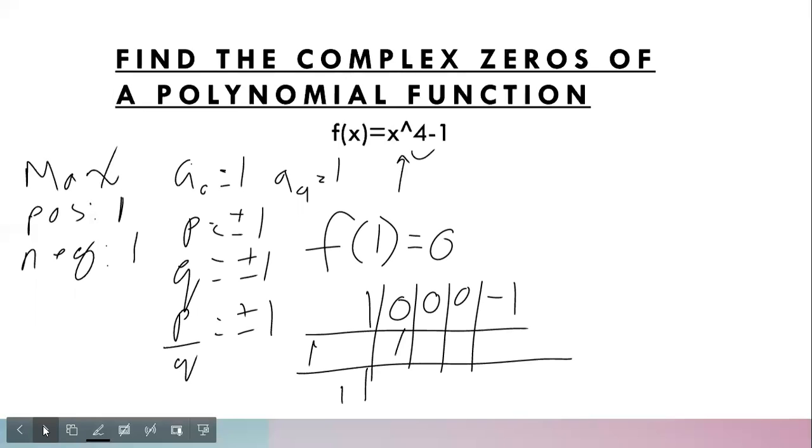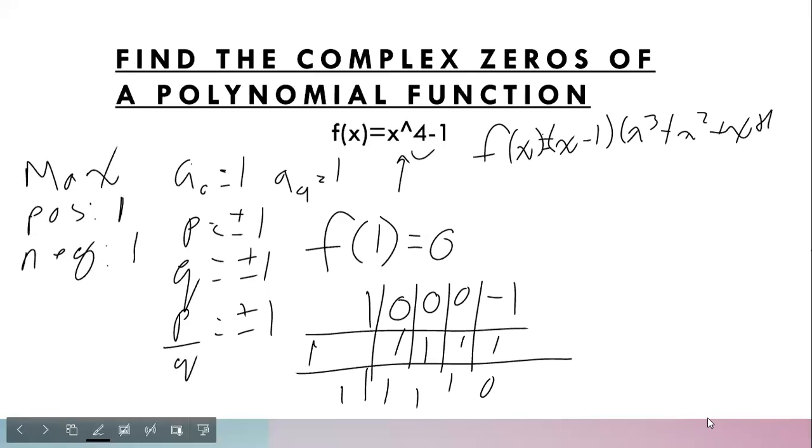We get 1s here. And then we get our new depressed equation of f of x equals x minus 1 times x cubed plus x squared plus x plus 1.